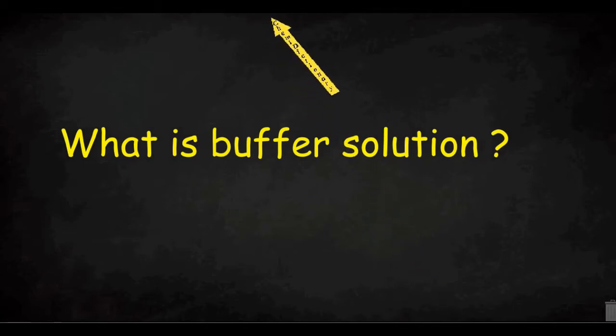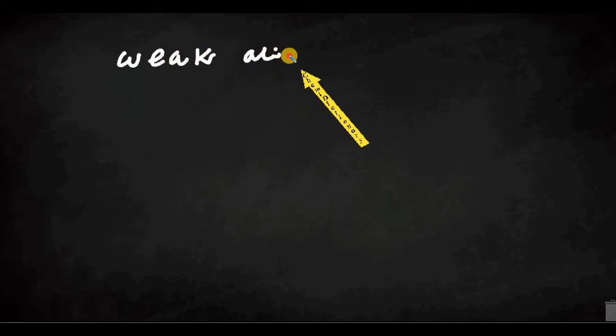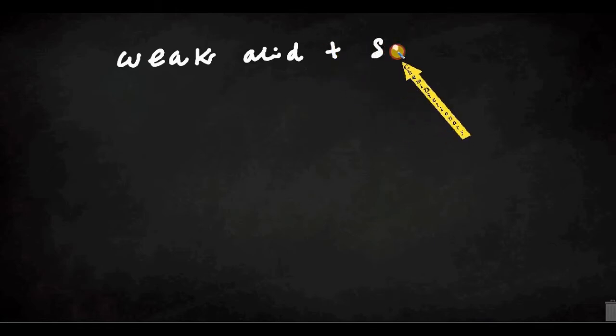Now let's understand what is buffer solution first of all, to understand buffer action. A buffer solution is nothing but a weak acid, that may be acetic acid, plus its salt with a strong base.